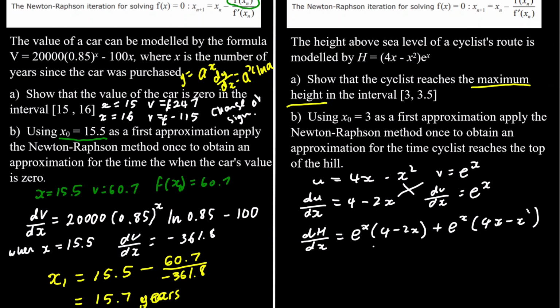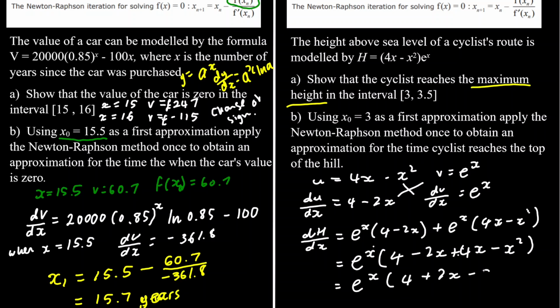It might be nicer if we factorized out the e to the power of x, which will leave us with e to the power of x times 4 plus 2x minus x squared.